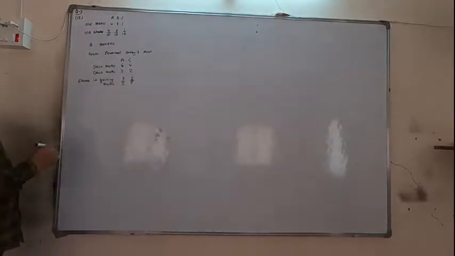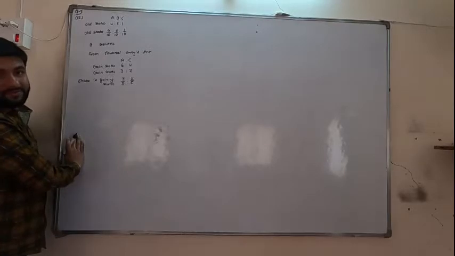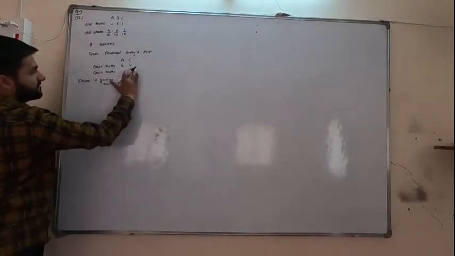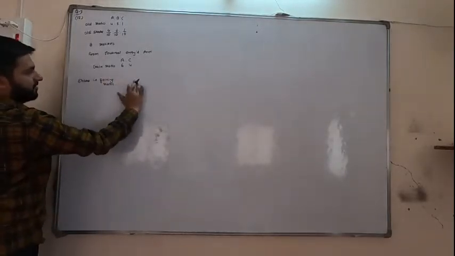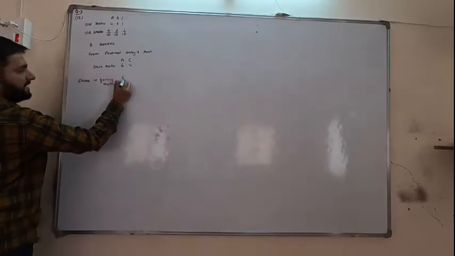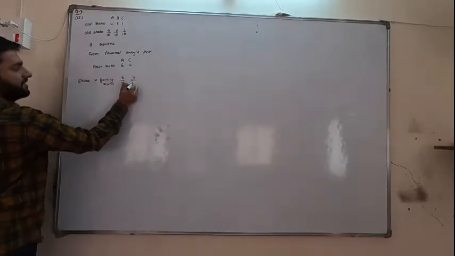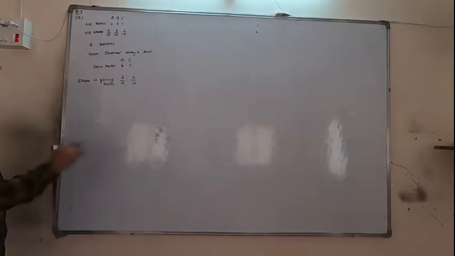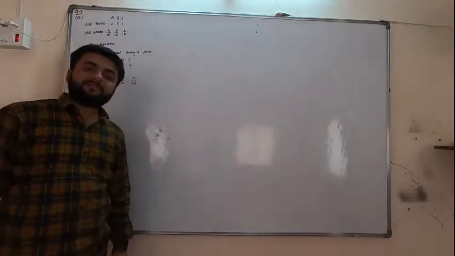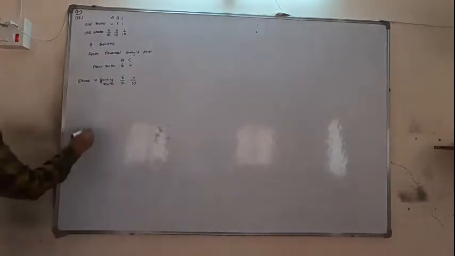Or if you keep it as 10, then it is very good, because we have to add the things, so we are not cutting the terms. Let it be 6/10 and 4/10. The reason is here also denominators are 10, here also denominators are 10, so it would be better for us.